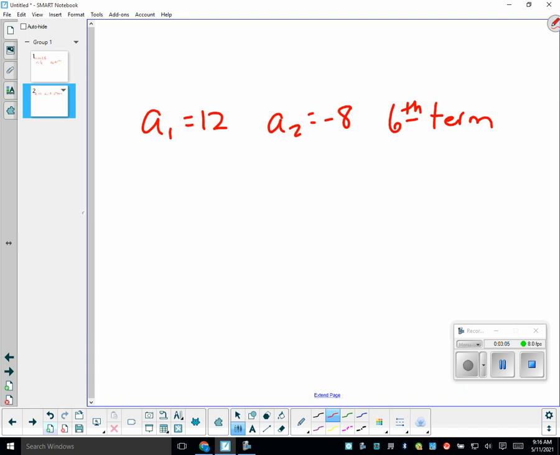All right? What's R? Do y'all agree? Negative 3. Second divided by first. Oh, the second divided by the first. Oh, okay. Never mind. R is negative 2/3. So how do I find A sub 6?